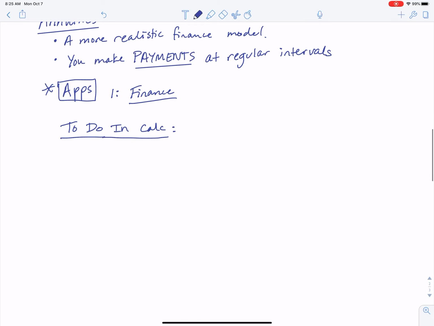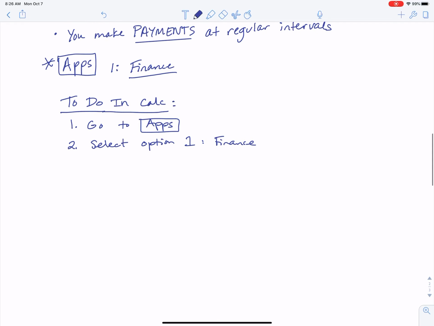All right. So your first step is going to be go to apps. So your apps button. Number 2, select option 1, finance. And then from there, you are going to select option 1, which is called TVM Solver.